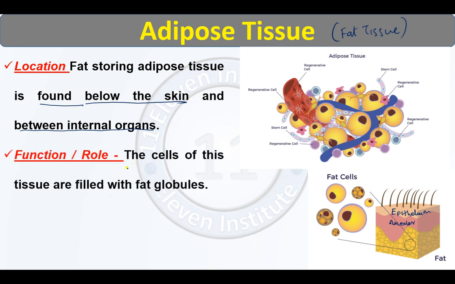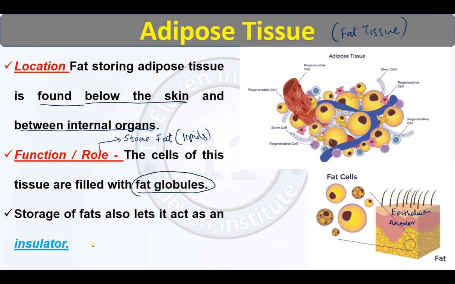Function: the cells of this tissue are filled with fat globules, or in other words, their main function is to store fat, or a better word, lipids. To store the fat or lipids is the main function of the adipose tissue, right?